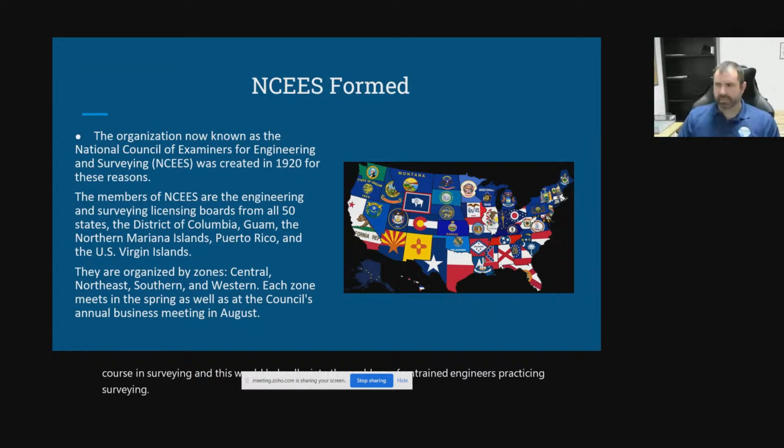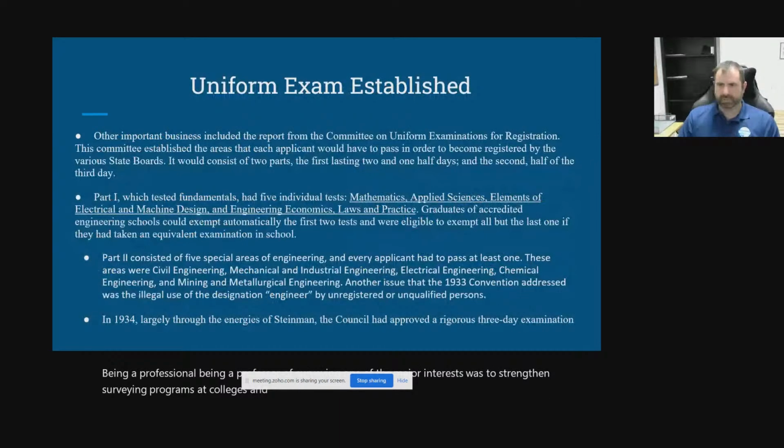Being a professor of surveying, one of his major interests was to strengthen surveying programs at colleges and universities. So he was kind of doing it for himself, but it was also to better, I guess, all the individuals working and anybody who was practicing, so they'd have the knowledge.